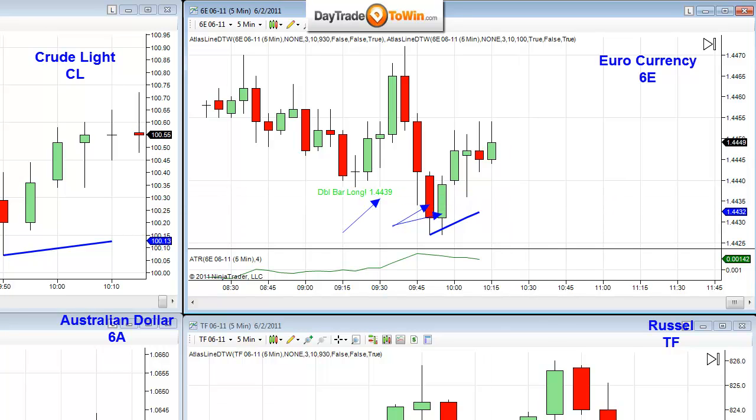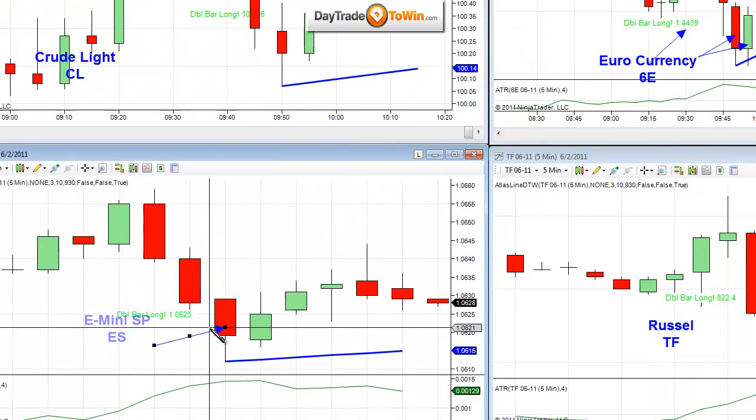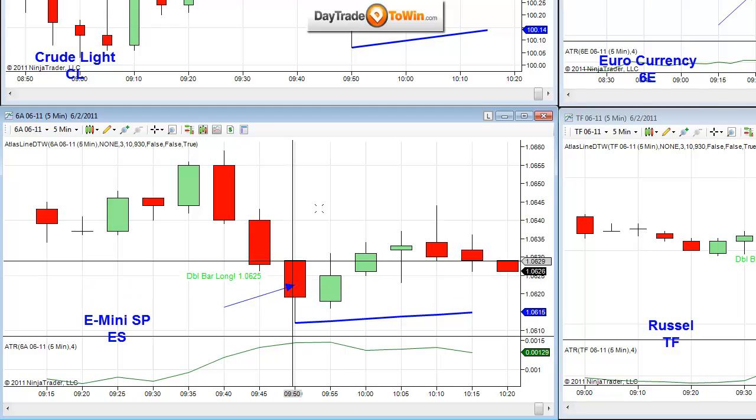And the same thing is true with all the markets that you're looking at here. The Russell, the same thing, 822.4, and therefore that is 822.4, closing price of this second candle. Also, if you look at the Australian dollar, same thing, second candle, tells you to go long.